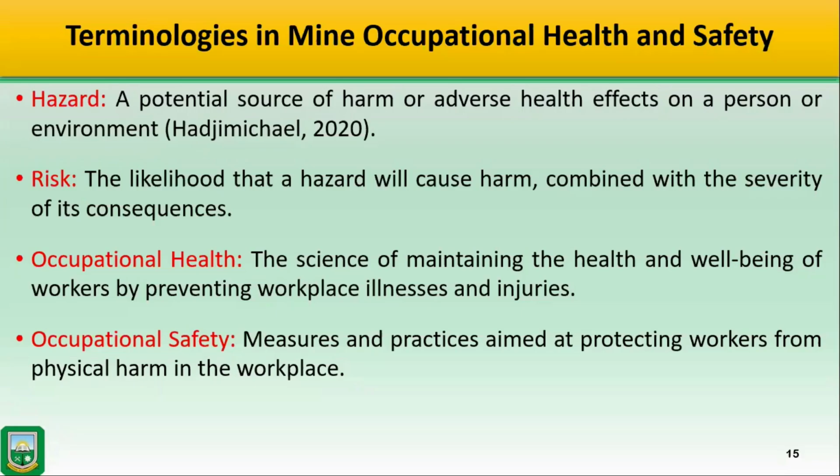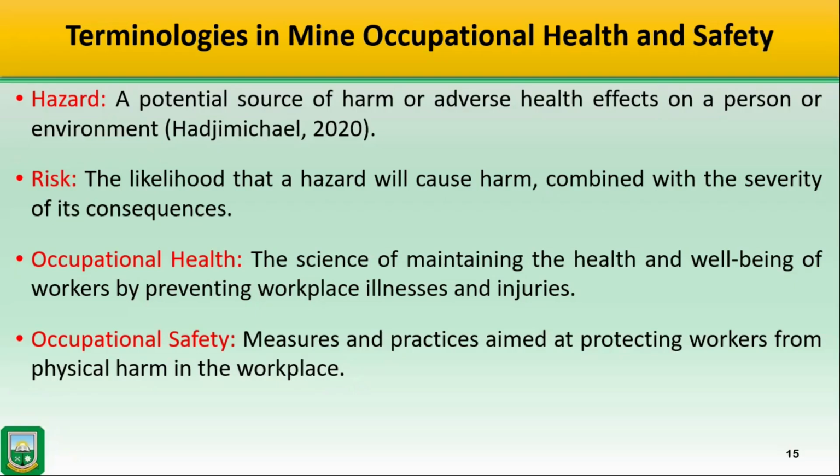Then now let's come to what we call occupational safety. Occupational safety focuses on preventing workplace accidents and injuries by identifying hazards, assessing risk, and implementing control measures. This emphasizes creating a safe working environment through systems, training, and protective equipment.